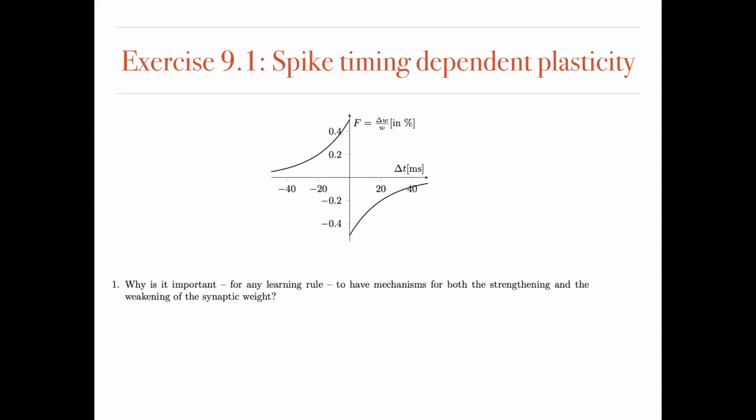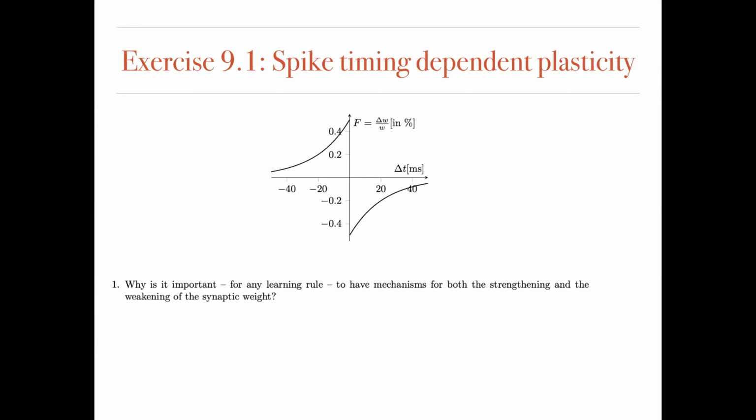So question number 1 is, why is it important for any learning rule to have mechanisms for both the strengthening and the weakening of synaptic weights? To answer this question, we can just think of a scenario in which we only have strengthening. In a scenario like that, all the weights would explode, would become massively big, and the network would become unstable.